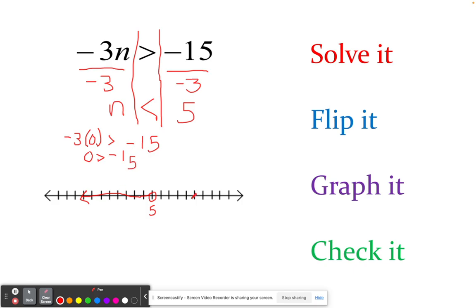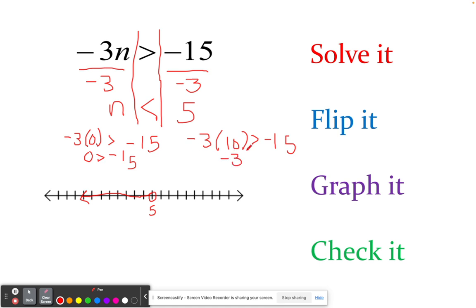So 0 worked. Let's try a number on this side, see if it works. How about 10? 10 is bigger than 5. Is negative 3 times 10 greater than negative 15? Negative 3 times 10 is negative 30.